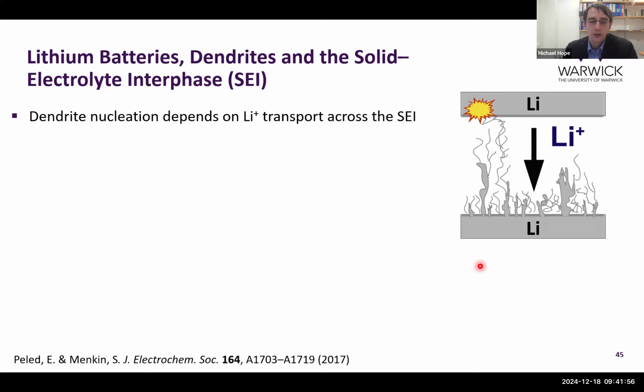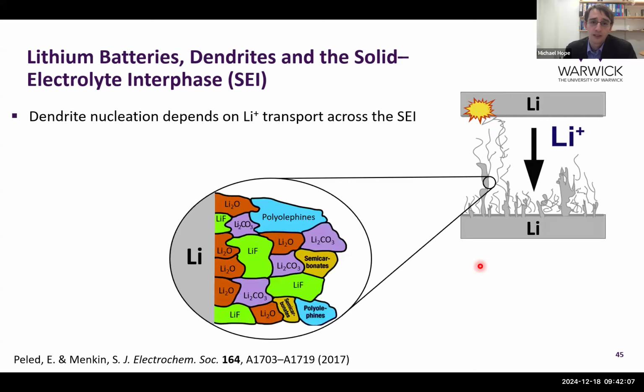Now, we wanted to understand why we get nucleation of these dendrites. And it turns out this is due to lithium transport across the solid electrolyte interface, or SEI. So the SEI is a passivating layer that forms on the surface of the lithium metal due to breakdown of the electrolyte. And this is a mixed organic, inorganic coating.